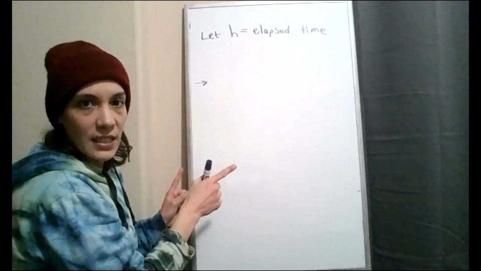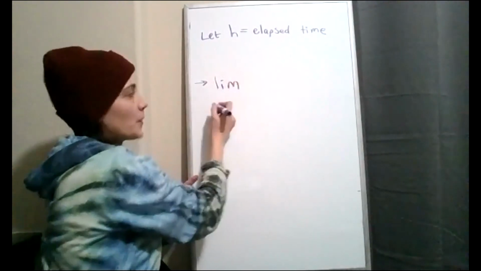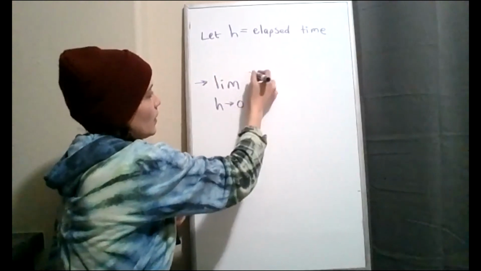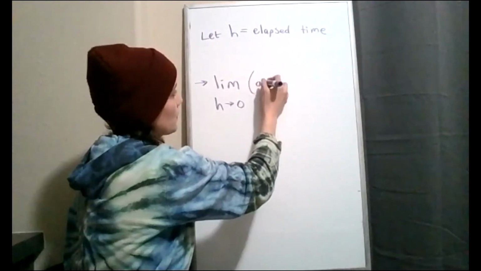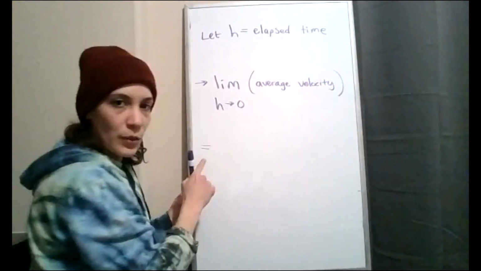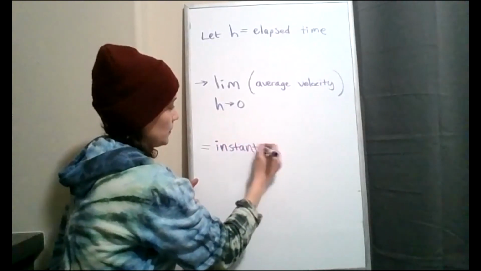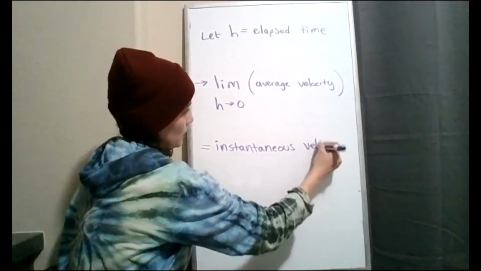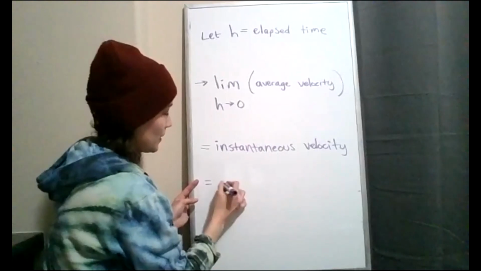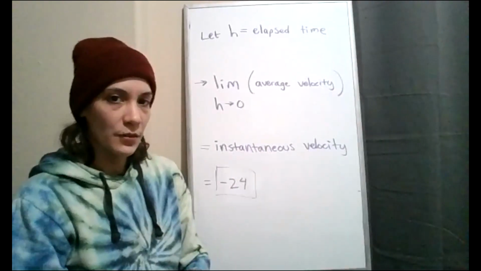Again, we'll go over limits next class or tomorrow, but we'll have the limit as h goes to 0 of the average velocities equals the instantaneous velocity, which is what we were looking for. I got -24. So that's the end of 2.1.